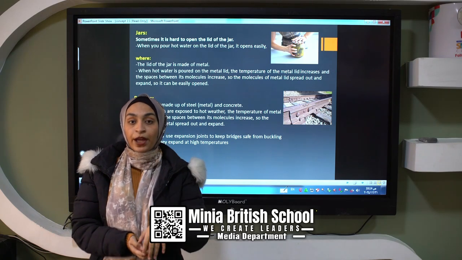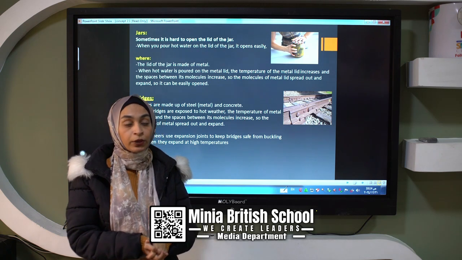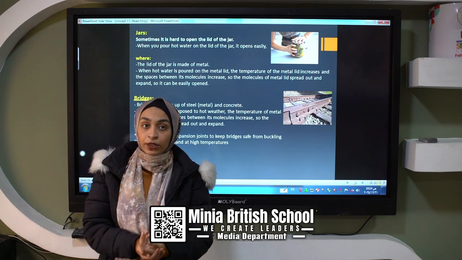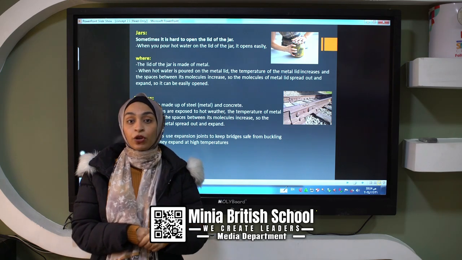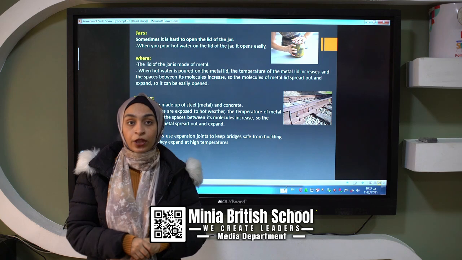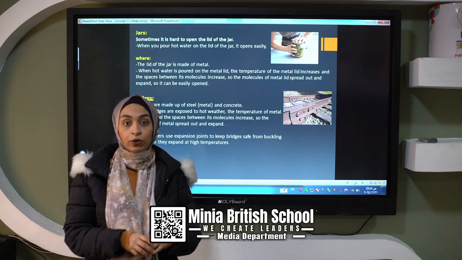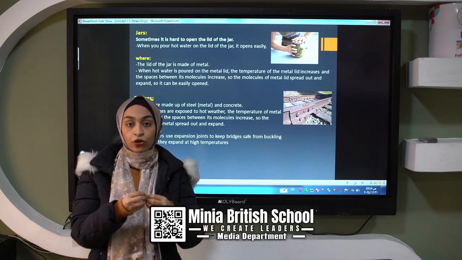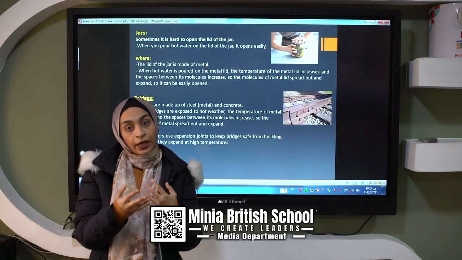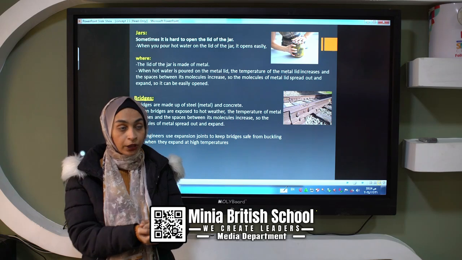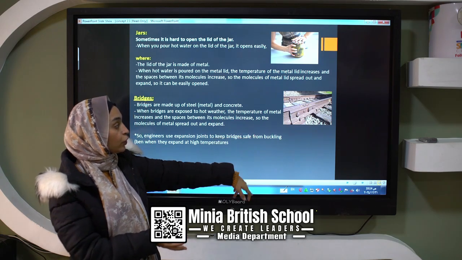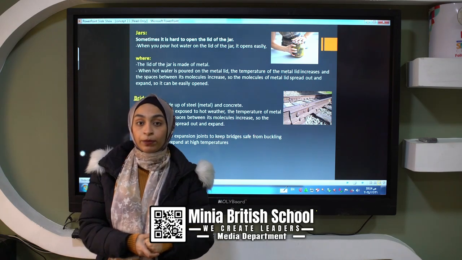And because we have expansion and contraction, we have some life applications of this, like the jar. When we cannot open the lid of the jar, we can pour hot water on it so you can open it easily, as the lid is made of metal, and we know that metal expands by heating and contracts by cooling. The second life application is the railway bars.